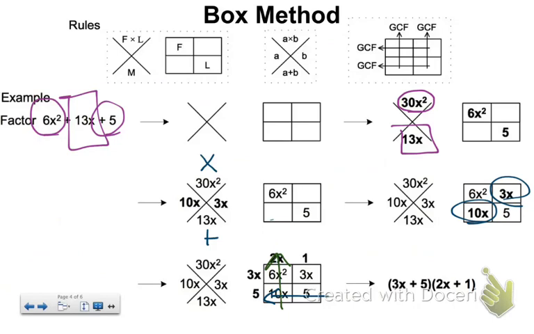And 3x and 6x squared, the greatest common factor of those two is 3x. And the greatest common factor of 3x and 5 is 1. So then that tells us we have 3x plus 5 times 2x plus 1.